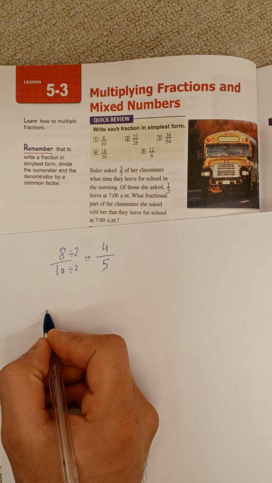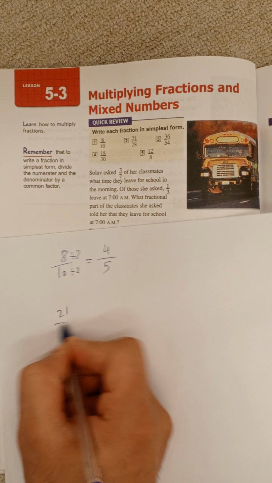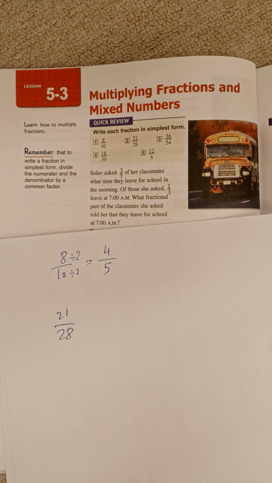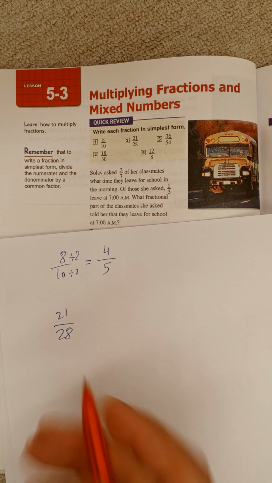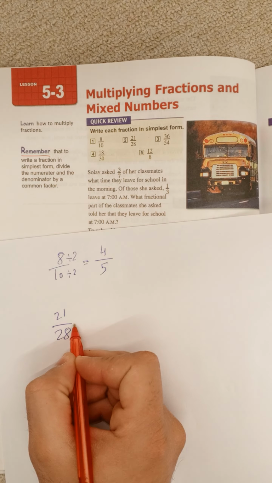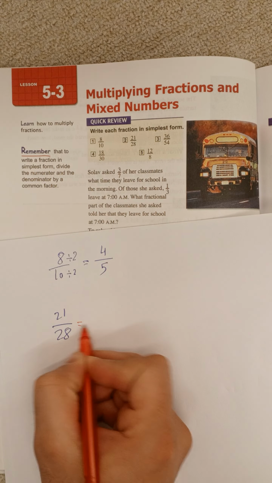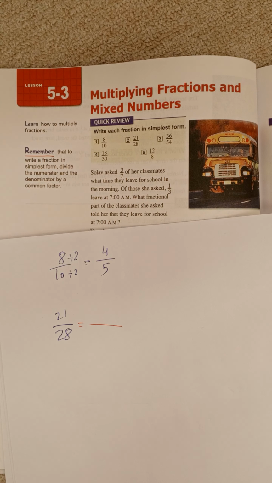The second one, 21 out of 28. This one we can say 21 divided by 7 and 28 divided by 7. Why?